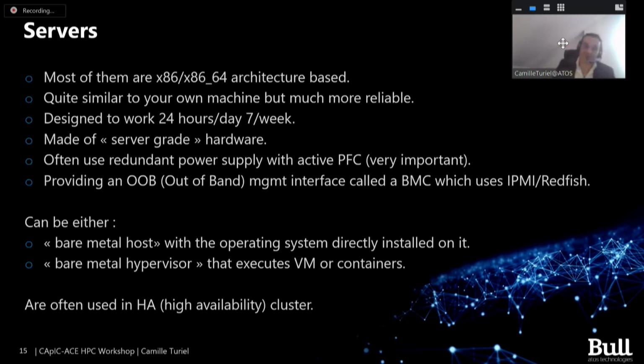It has really been a gigantic step forward, and we'll come back to VMs in more detail tomorrow. So just keep in mind that a server can designate a whole physical host, or a virtual machine that is executing on top of a bare metal hypervisor, which is itself executing on a physical host.